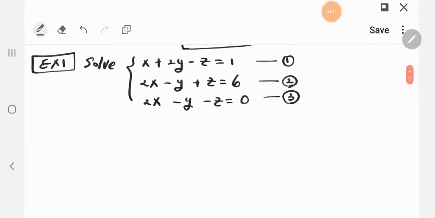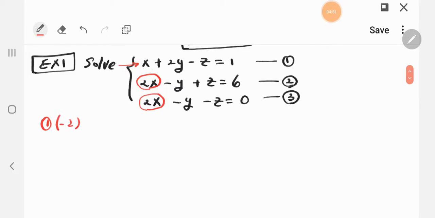First, let's use the first equation, which starts with x. I will use this first equation to eliminate 2x in the second equation and 2x in the third equation. Multiply the first equation by negative 2, so the coefficient of x will be negative 2.